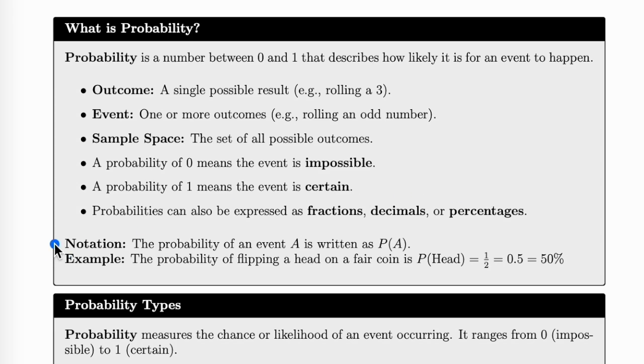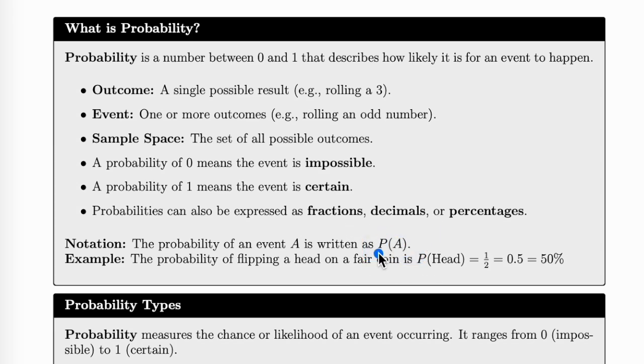Now, the notation you'll see for probability is right here. We use P for probability, and then whatever is inside the parentheses is the event that we're trying to find the probability for. If you have taken an algebra class before, you'll notice this looks similar to function notation.